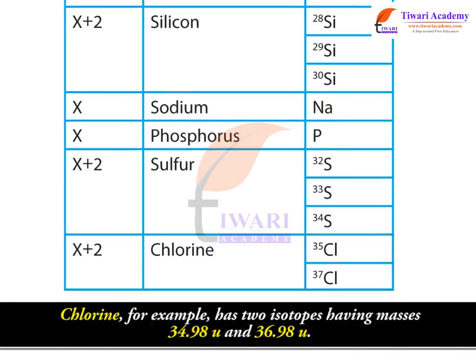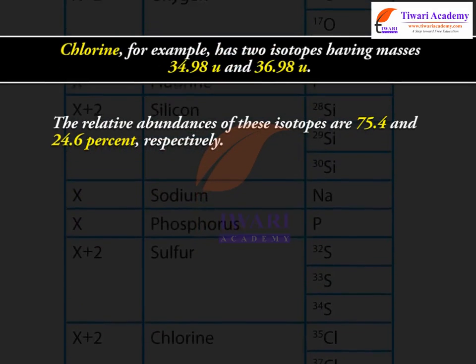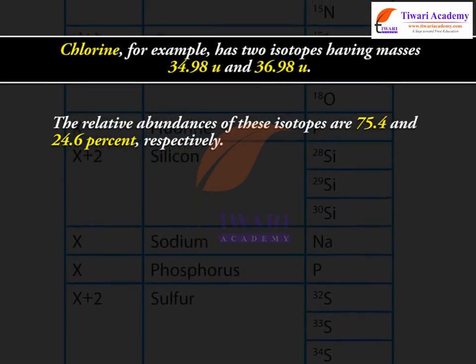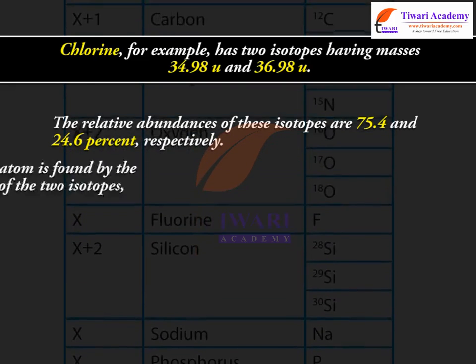Chlorine, for example, has two isotopes having masses 34.98 U and 36.98 U. The relative abundances of these isotopes are 75.4% and 24.6% respectively.